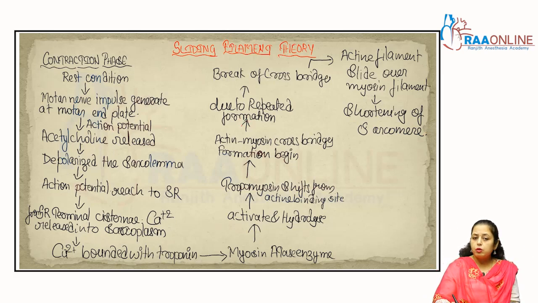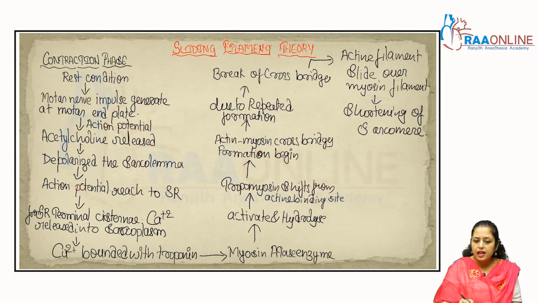Same as that, when we talk about the relaxation phase, what will happen? Cholinesterase enzyme is released, which breaks that acetylcholine into acetic acid and choline. As the acetylcholine breaks, the sarcolemma repolarizes. Then at the sarcoplasmic reticulum terminal cisternae, the calcium ion pumps get activated and suck all the calcium ions back into the sarcoplasmic reticulum.